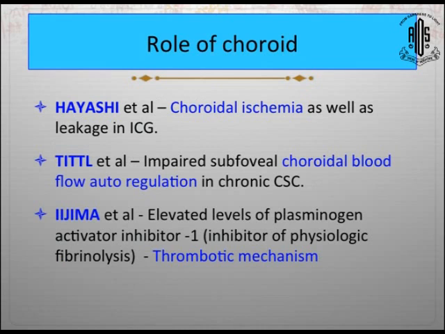Few more people have supported the choroidal theory, like Hayashi et al., who proposed choroidal ischemia being the main cause. And Dittel et al. proposed choroidal blood flow autoregulation being the cause in chronic CSR. Iijima et al. proposed a thrombotic mechanism which was responsible for the same.